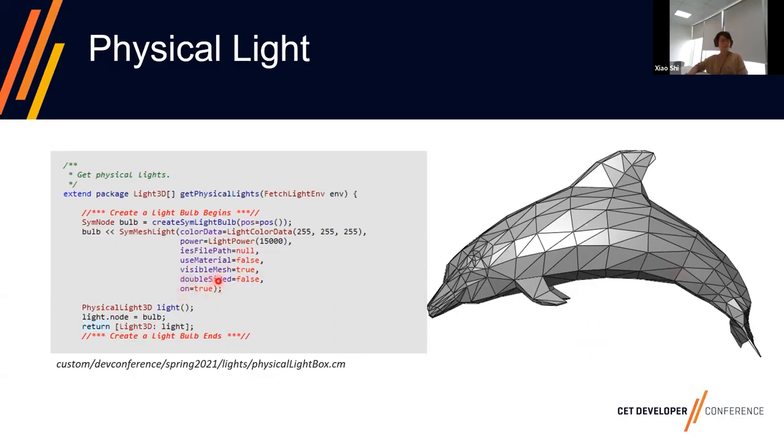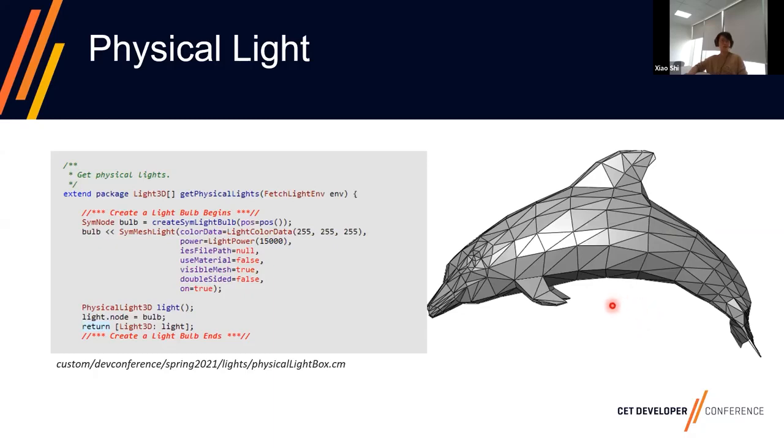So every single little triangle will emit light by itself. And this double-sided means that inside of this model, it's actually hollow, and this mesh inside is also another side. So if you want to have that double-sided, then inside of this whole model, we're also shooting out light.